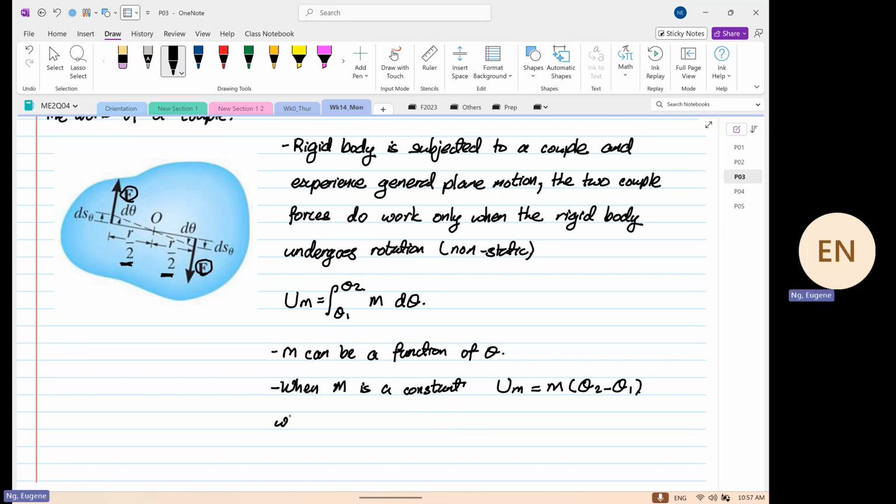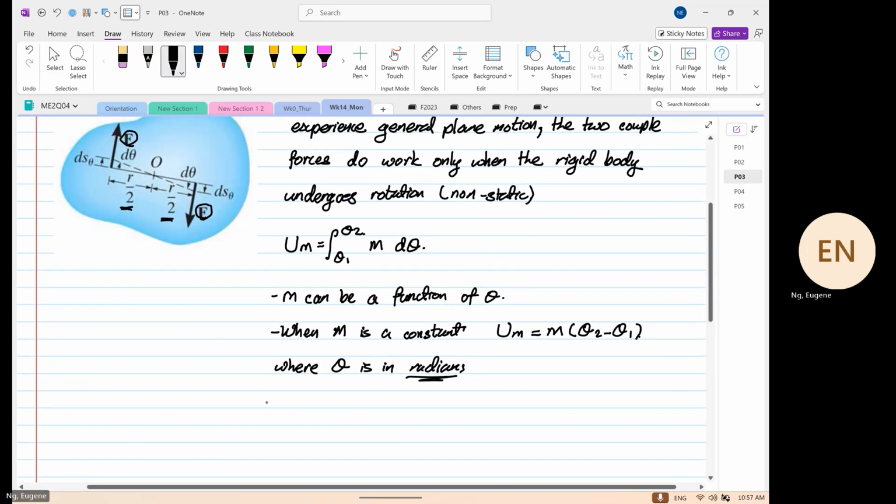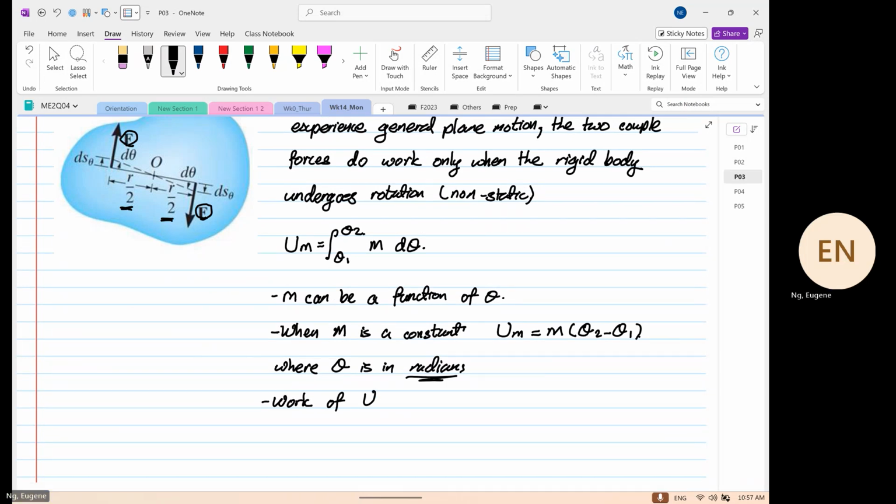And always remember that theta is in radians. So the work is positive when θ2 is greater than θ1 and both are positive.